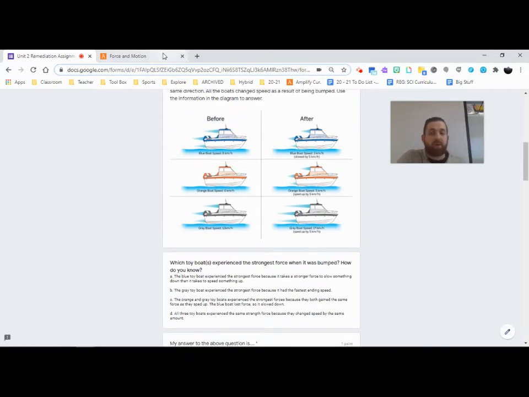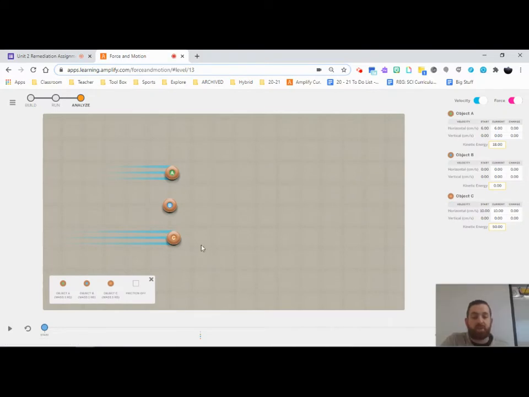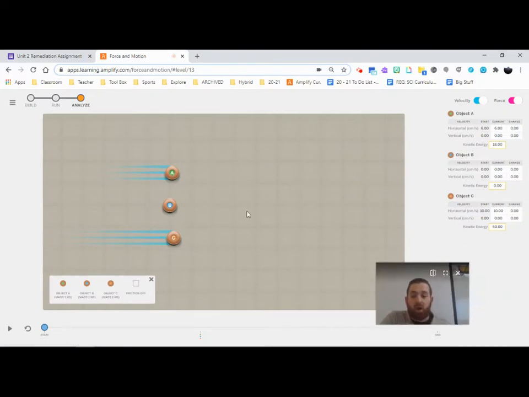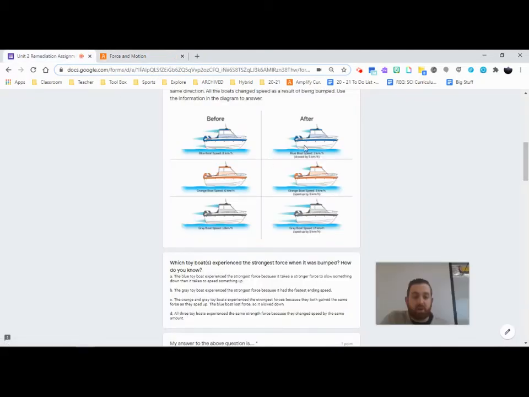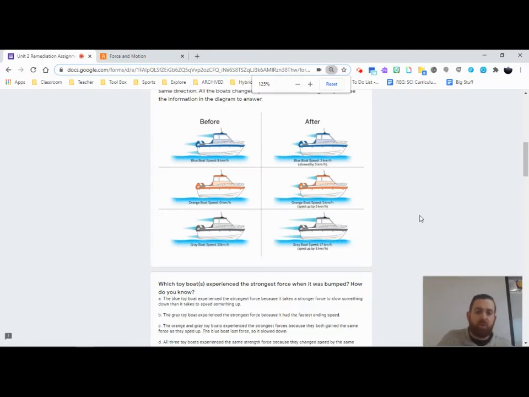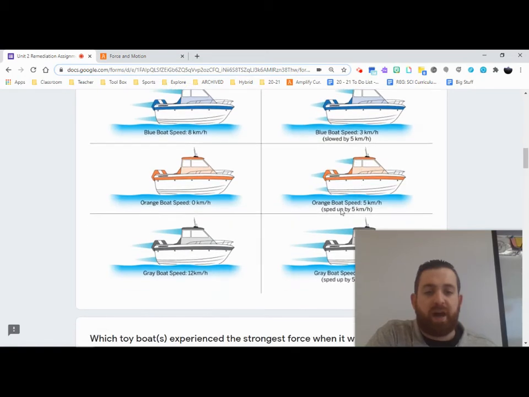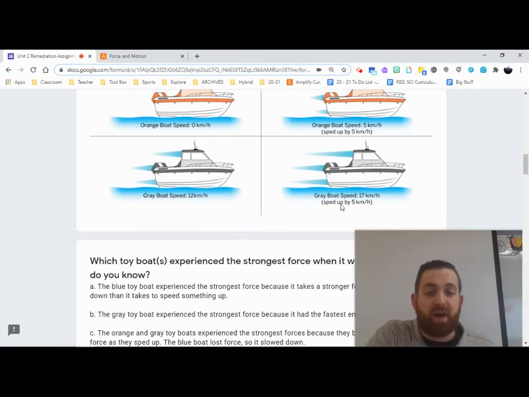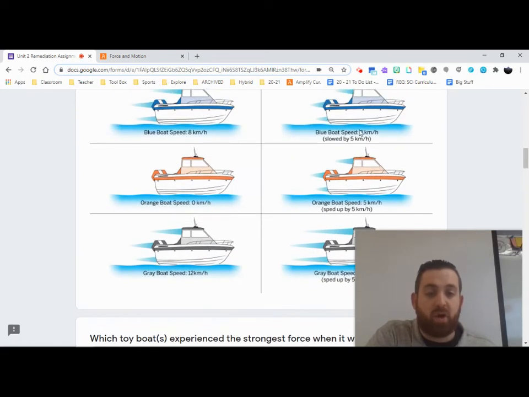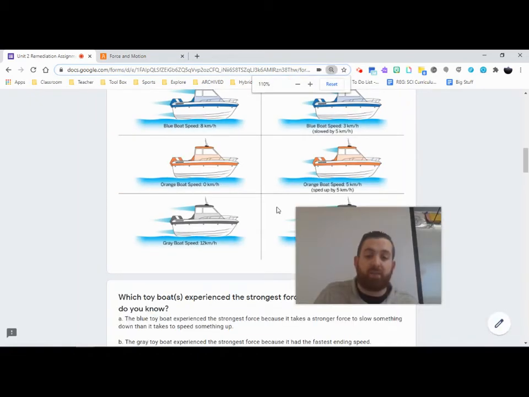So let's go ahead and take a look at our simulator here. Imagine that each of these objects are 1, 2, 3 different boats, and they all experienced a force that changed their velocity. Now, if you notice in the question here, they all changed by the same amount. The first one changed by 5, the second one sped up by 5, and the third one sped up by 5. So notice they all experienced the same change in their velocity.